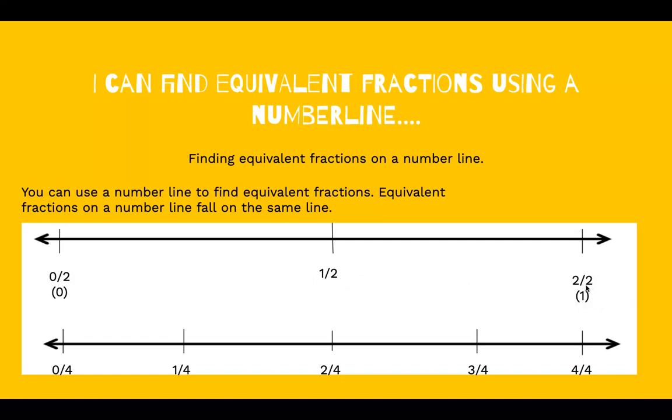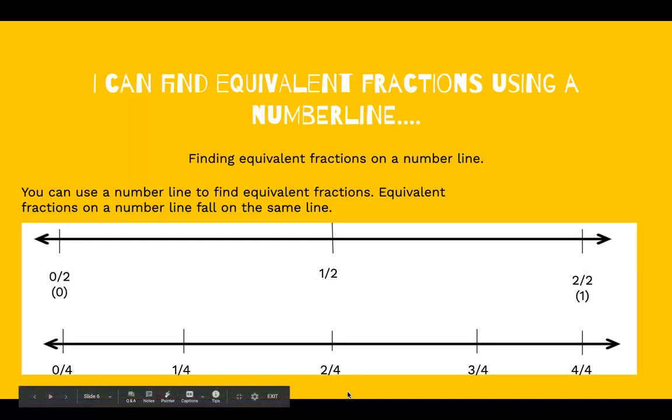Just like when we looked at that pizza, to find an equivalent fraction, we take each of our parts and we cut them into more pieces. The fractions that are equivalent on a number line are the ones that fall on the same spot. So here when I take a look at the number line below it, I see that this number line has also been split up from 0 to 1, but it's been split up into more pieces.